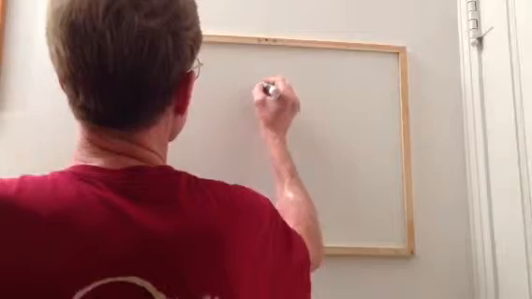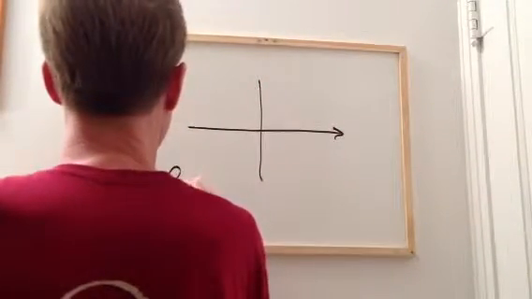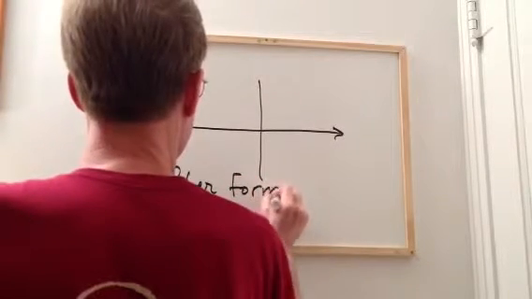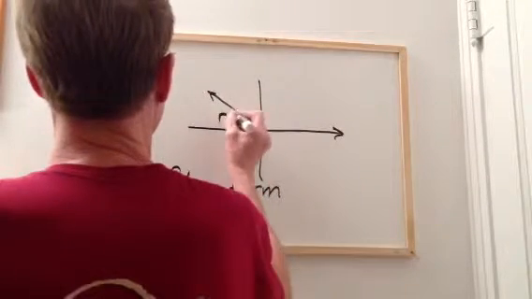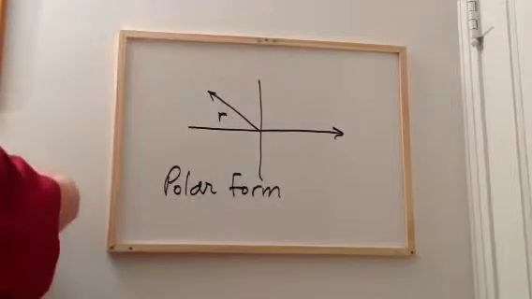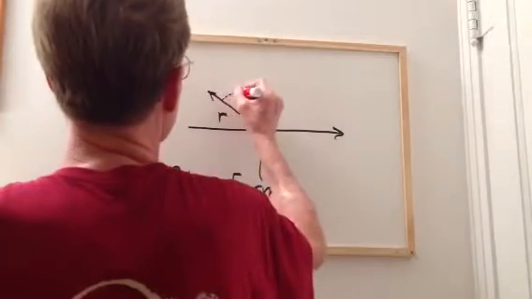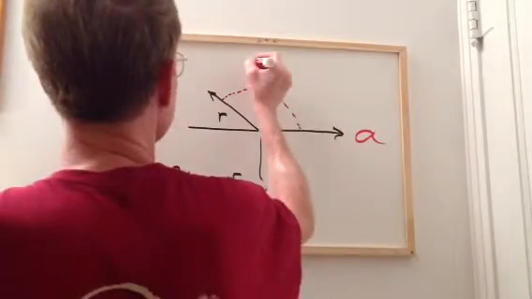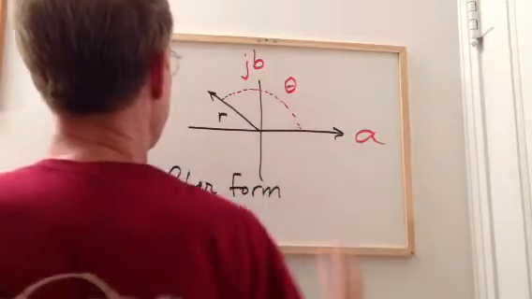The magnitude and direction form is generally called the polar form, where a vector has a length r, lowercase r, which actually stands for radius, and an angle going counterclockwise from the positive real number axis of theta.